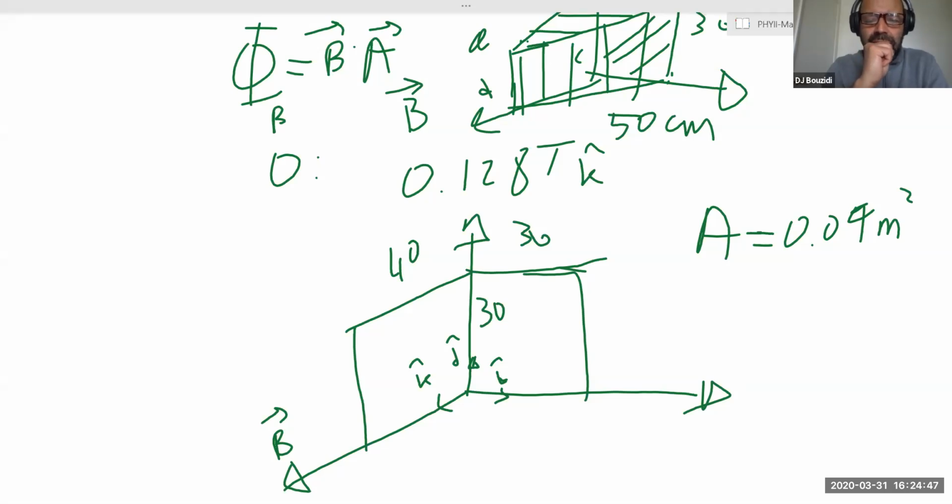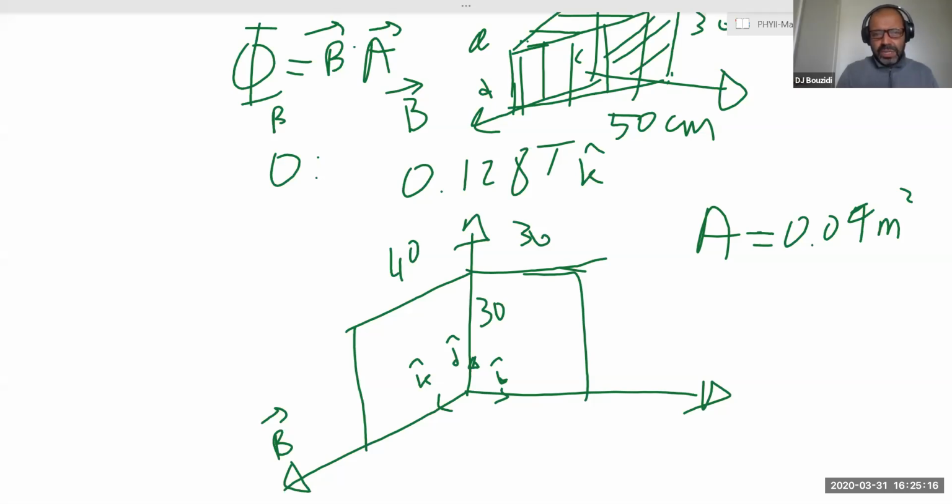Ask yourself, the area now, at least physically, it's in the plane perpendicular to the X and Y direction. And what is that direction that is perpendicular to the X and Y? The Z direction. Z direction, okay?